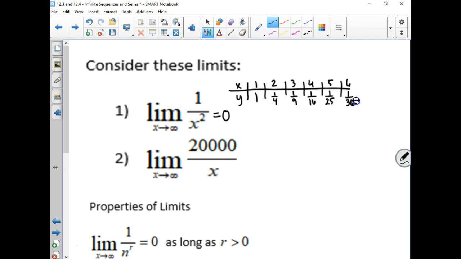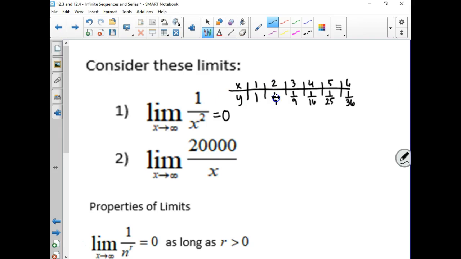This really did the exact same thing the other problem was doing, except it went to 0 quicker, right? Because that number in the bottom was squared. So rather than 2 being 1/2, I had 1/4, which is even smaller, and then 1/9 and 1/16.